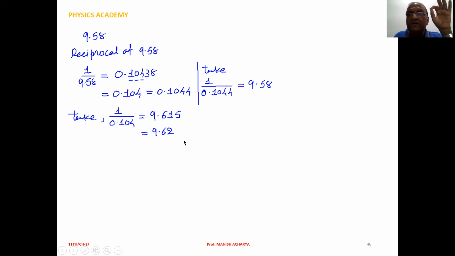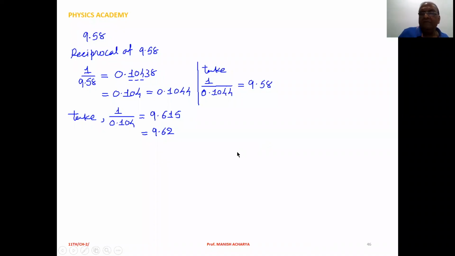It means that using the rules of significant digits and rounding off, if you take the reciprocal of 9.58, and then take the reciprocal of that answer again, you are not getting the original value. Clear the point?